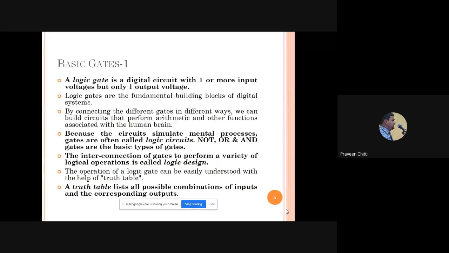That table which lists all possible input output combinations of a digital circuit is called as what? What is it called?